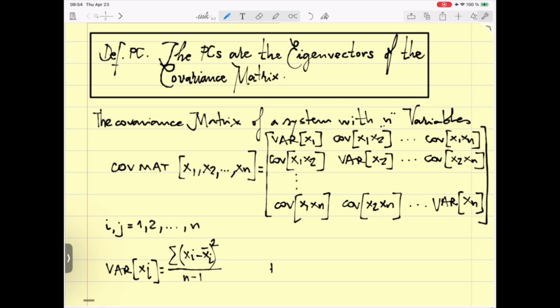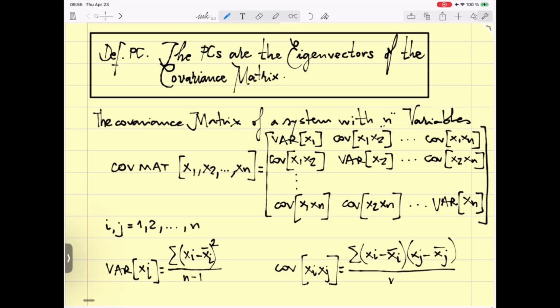And the covariance of x sub i, x sub j is the sum of x sub i minus x sub i mean value times x sub j minus x sub j mean value divided by n minus 1.